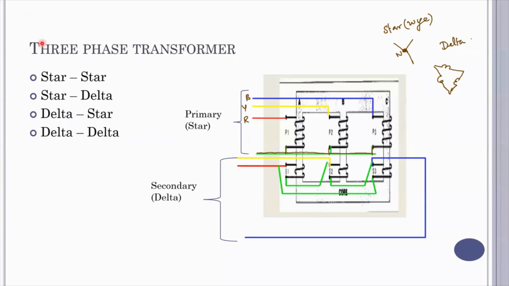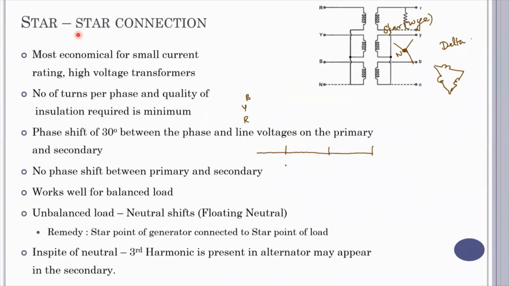And now let's see what happens if we go for a star-star configuration first. So both primary and the secondary are connected in star connection, and we consider this to be the most economical connection in case you're going to use small current rating, high voltage transformers.